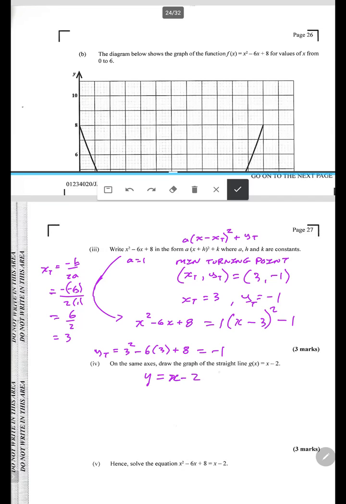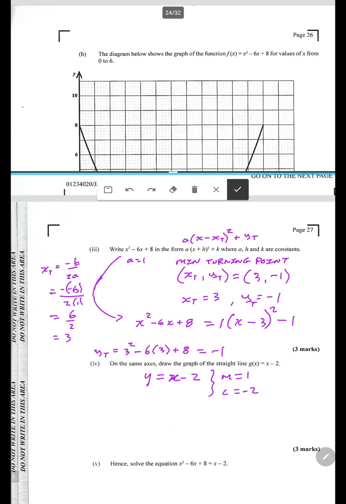For this one, we can use the gradient and a point to draw a line. The gradient would be 1, and the c is -2. So to draw this line, all we have to do is rise and run from -2. So rise 1, run 1 from negative 2, or rise 2, run 2.